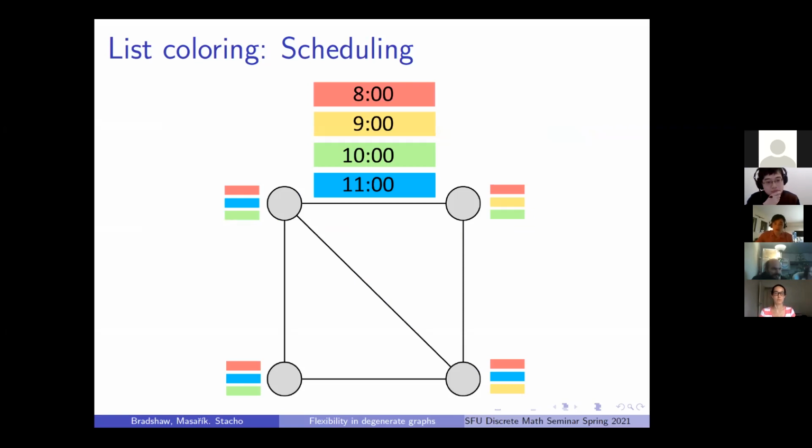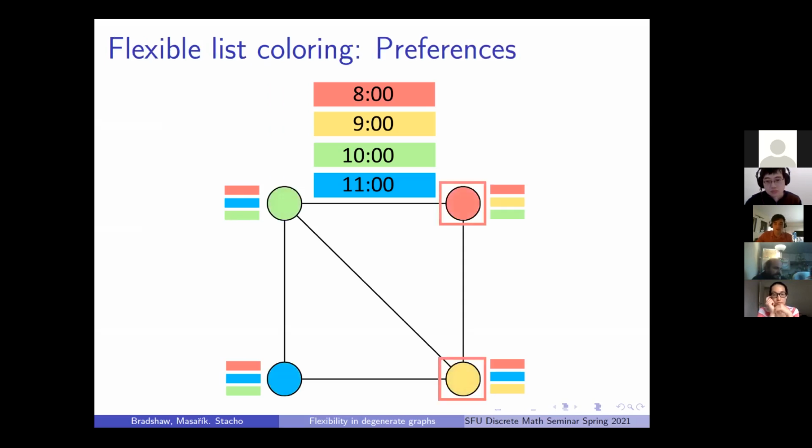All right, so keeping in mind that list coloring can be a theoretical model for scheduling, is it possible for list coloring to model other aspects of scheduling problems? In particular, when we schedule events in real life, it often happens that we have preferences for the way that things might be scheduled.